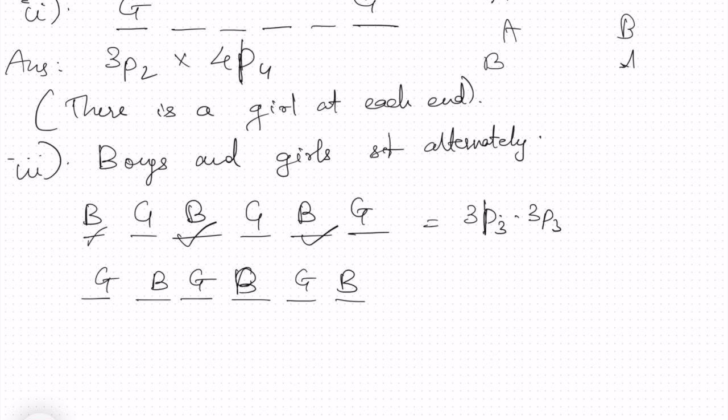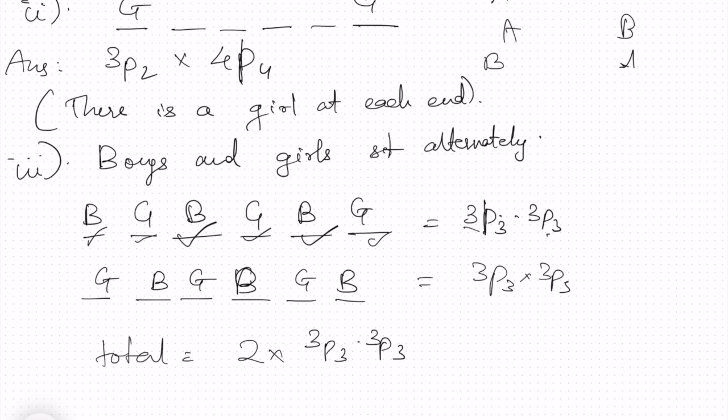So 3p3 for the girls and 3p3 for the boys, and the same goes for the other case. So the total will be twice, or just the addition of these 2: 2 into 3 factorial into 3 factorial, right?